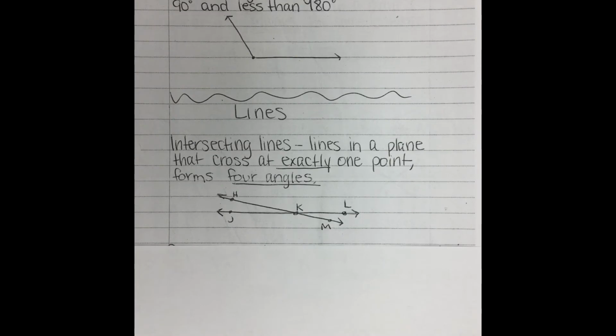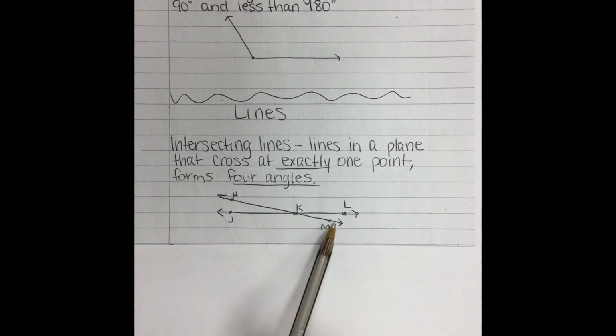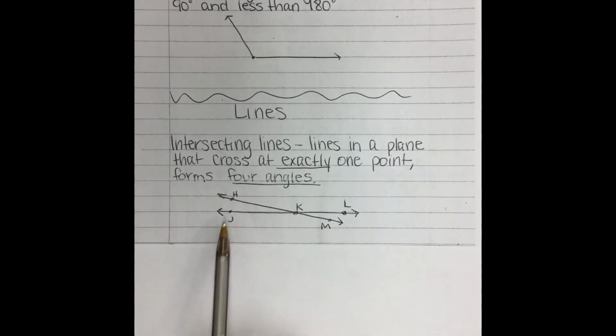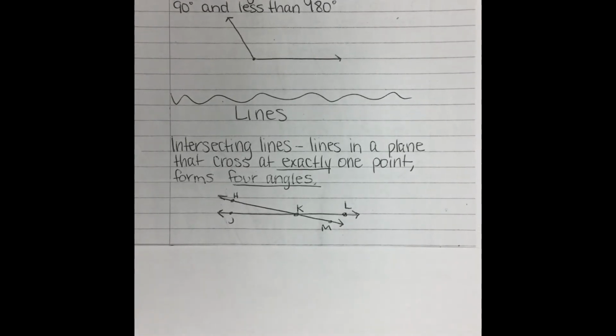Okay, notice I use 3 letters for an angle every time. And those are both straight angles. And then it forms angle HKJ, which is acute. It forms angle HKL, which is obtuse. It forms angle LKM, which is acute. And MKJ, which is obtuse.